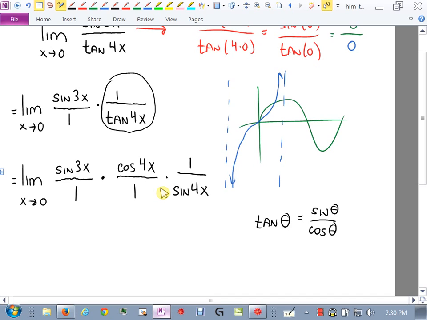Anybody have any issues with what I did? Well, what's up here is 1 over tangent, right? 1 over tangent is cotangent. Cotangent is the reciprocal of tangent. So cosine would be on top and sine would be on bottom. Yes.